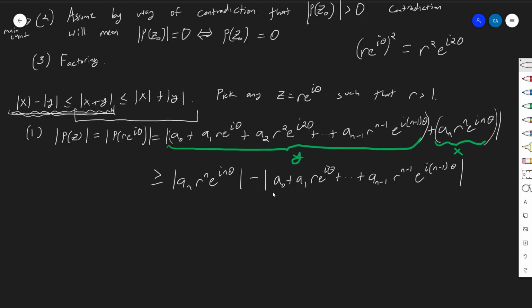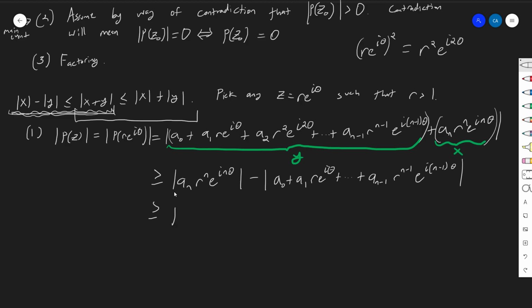But if I replace this whole term with something bigger, well, hold on. If I take this term and replace it with something bigger, then now I'm subtracting away something bigger, so I have something smaller. So the whole thing is still bigger than.